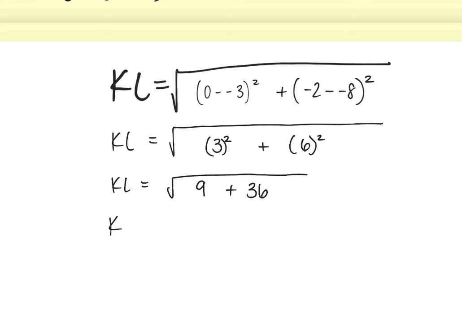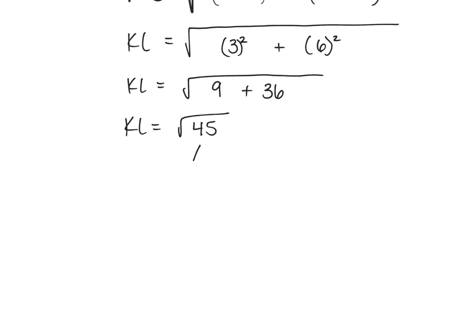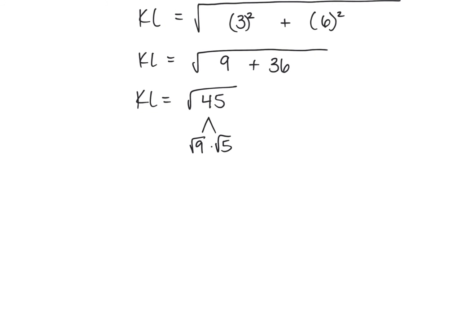So we've got KL equals the square root of 45, which actually simplifies. 45 is divisible by 9 and 5. So KL equals, the square root of 9 we know is just 3, so it's 3 times the square root of 5.